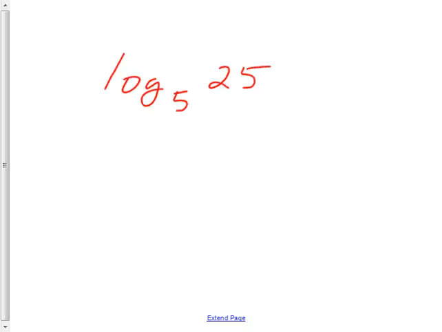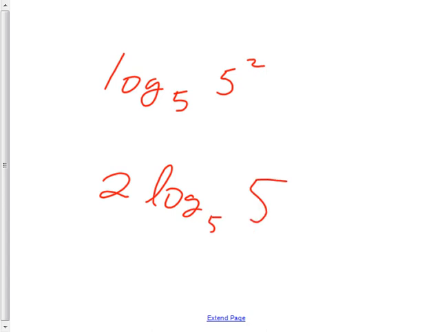Could I rewrite that 25 as 5 squared? And if I did, it would tell me what the answer was, wouldn't it? What's the answer? 2. All right. But wait a minute. Didn't I say that I could take a power like that and put it out in front and say 2 log base 5 of 5? Yeah.